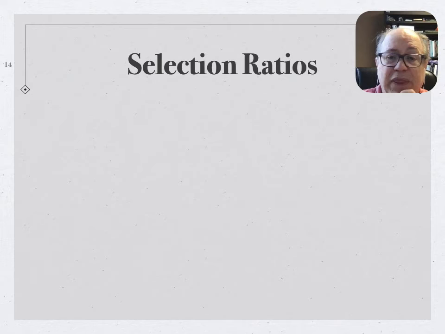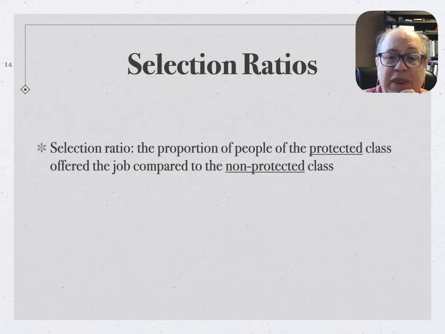Selection ratios then become the key thing. A selection ratio is actually a little bit complicated because it involves three total ratios. It's saying the proportion, that's a ratio, the proportion of people of the protected class offered the job is compared to the proportion of people offered the job in the non-protected class.